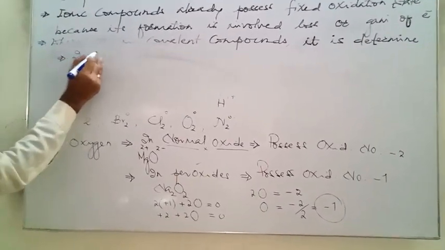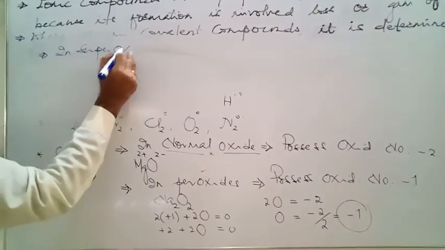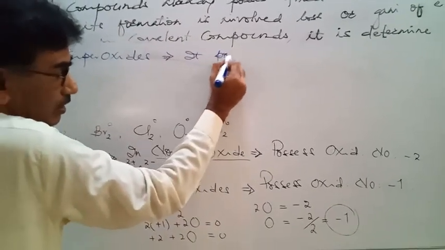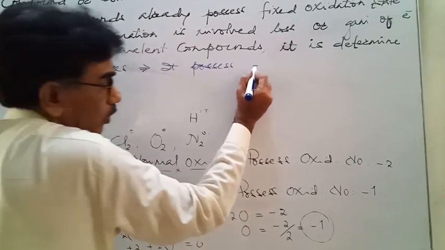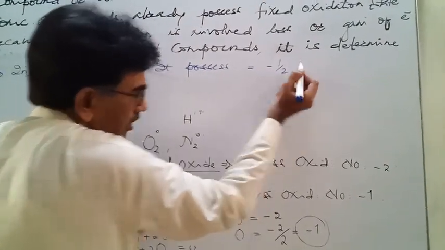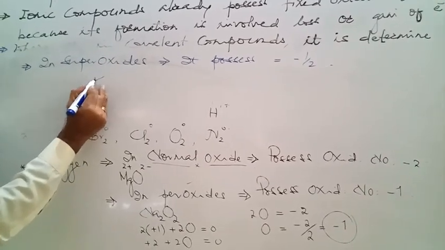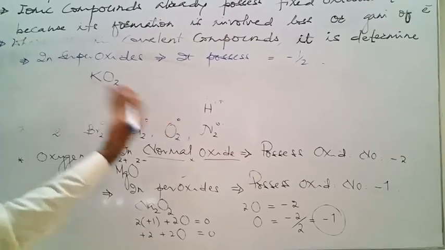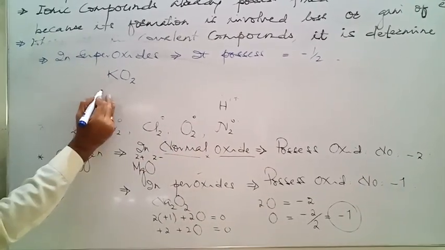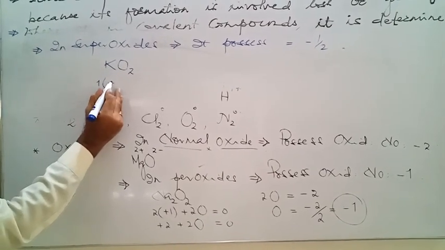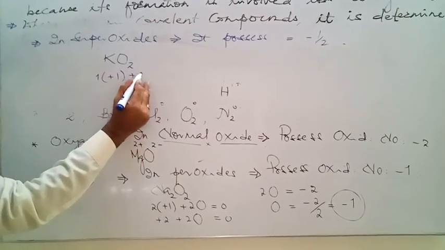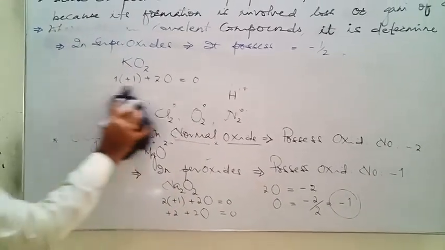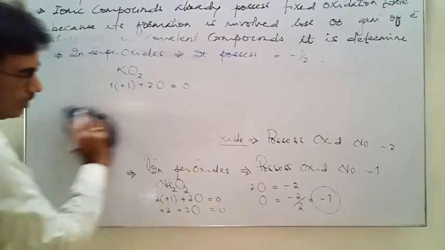In superoxides, oxygen possesses an oxidation state of minus half. For example, potassium superoxide, or rubidium and cesium superoxides. Here one potassium has a fixed oxidation state of +1. We have 2 oxygens, and the whole compound is always neutral, so neutral means an oxidation state of 0.